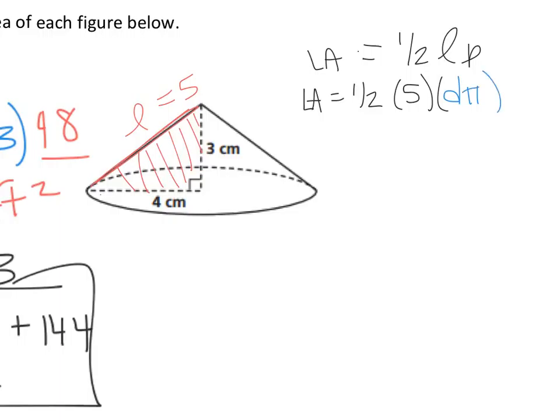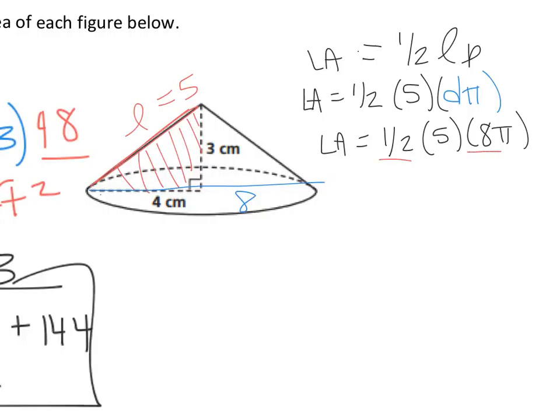So the diameter is 8 centimeters, so lateral area equals 1/2 times 5 times 8 pi. To do the exact, 1/2 of 8 is 4. 4 times 5 is 20. So it's 20 pi centimeters squared.